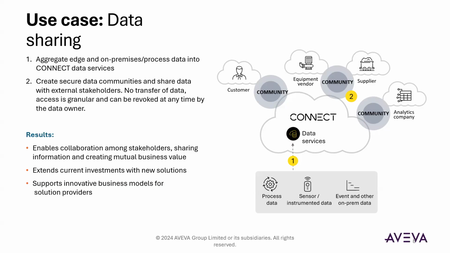This is extremely useful if you have external stakeholders you want to share data with. For example, as shown in the diagram here, these could be customers, equipment vendors, suppliers, or even agencies. All of these groups will need an efficient way to monitor or report on your operations. So the communities, or private groups, feature that Connect has is a very good tool to have. With it, you're giving them a streamlined and secure way of doing the reporting.